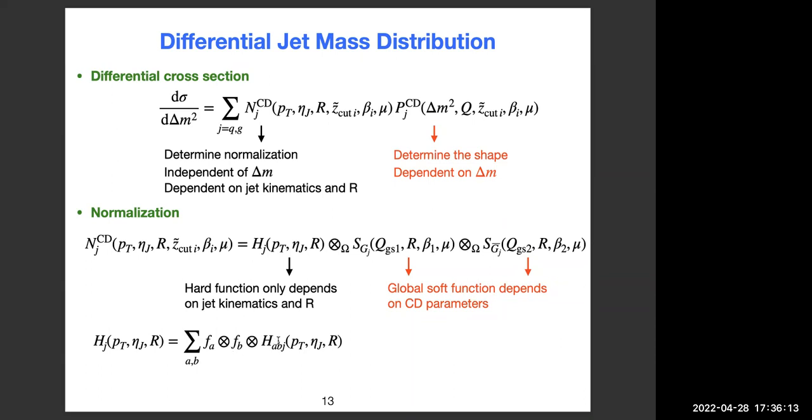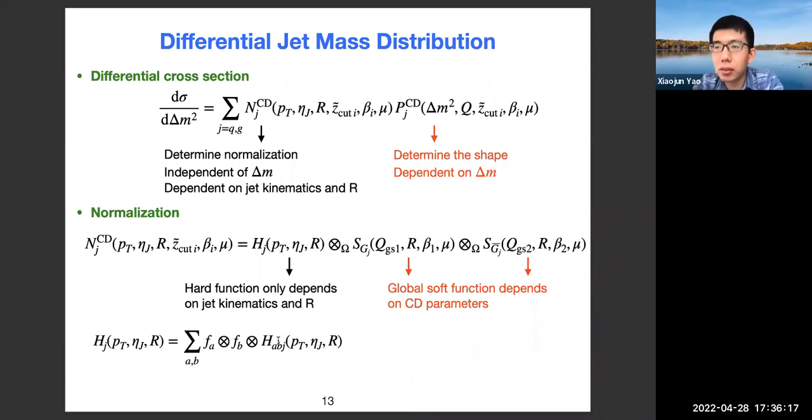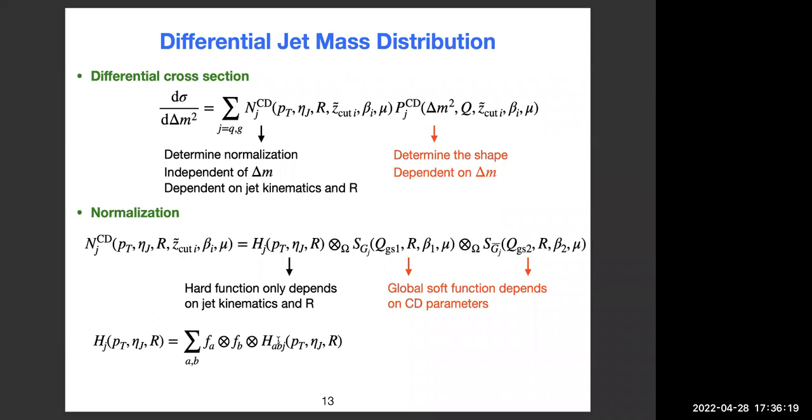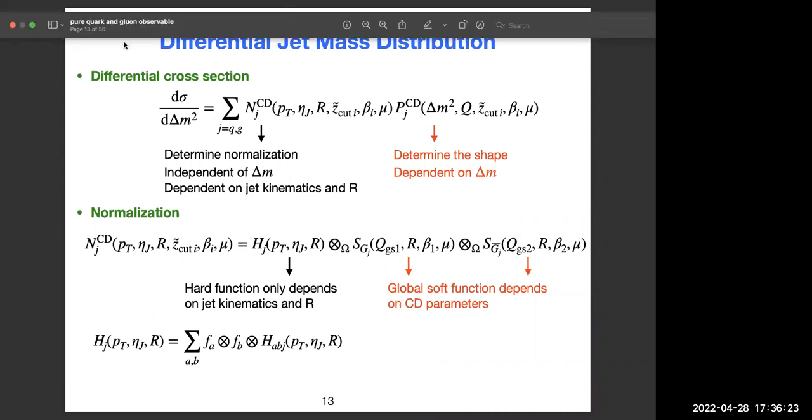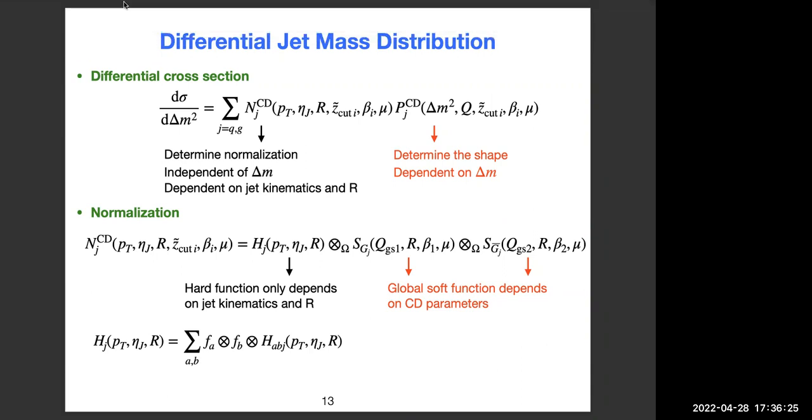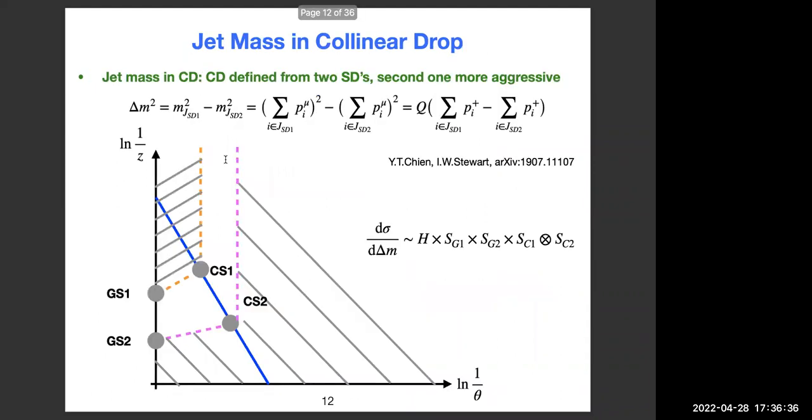Sorry, Xiaojun, just a clarification, to make sure I'm not misunderstanding. In a very simplistic view, when I take a big jet, groom away the periphery, and keep a hard core after, let's say, soft drop or any other pruning, the collinear drop jet is simply the annulus, right?